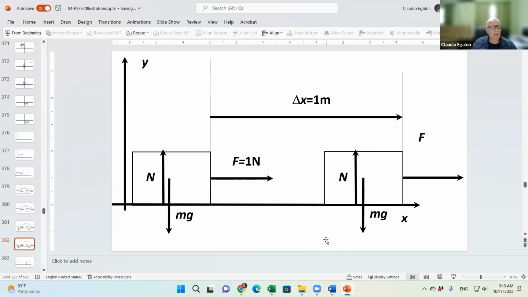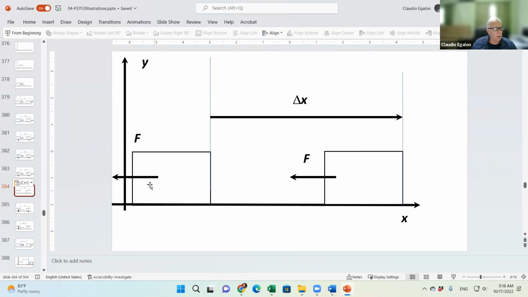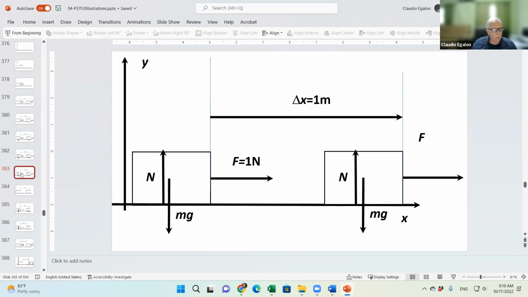And then you can come by and say, look, you can have another force in there. If there is no friction whatsoever, it's a frictionless surface, there is no friction trying to drag this object. But if you do have friction, a frictional force, here you go, I'm going to put this one right in here, acting on this object. I'm going to use a red color so it's going to be easier to visualize.